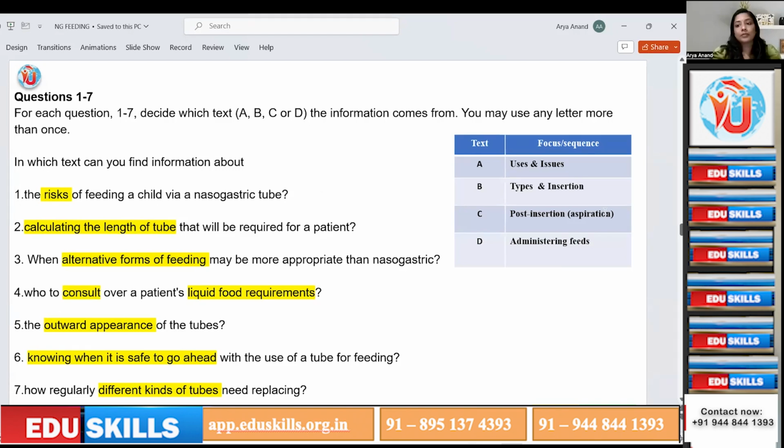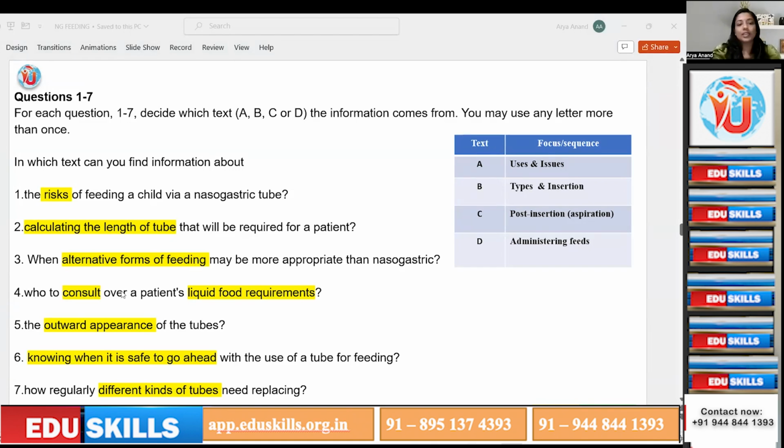Okay. Now here, the risk of feeding a child via a nasogastric tube. A. Okay. We'll see the answer later. Calculating the length of tube that will be required for a patient. B. Okay. When alternative forms of feeding may be more appropriate than nasogastric. D. Alternative forms of feeding.